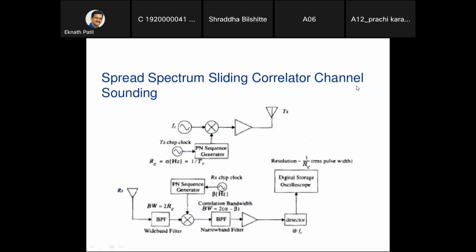So spread spectrum sliding correlated channel sounding is nothing but adding the pseudo noise to the Fc signal. They transmit it, and at the receiver side there is the band pass filter. Here the PN signal, or the pseudo noise, is added in this particular part, then band pass filter, and then they find it out in the digital oscilloscope or the digital CRO.